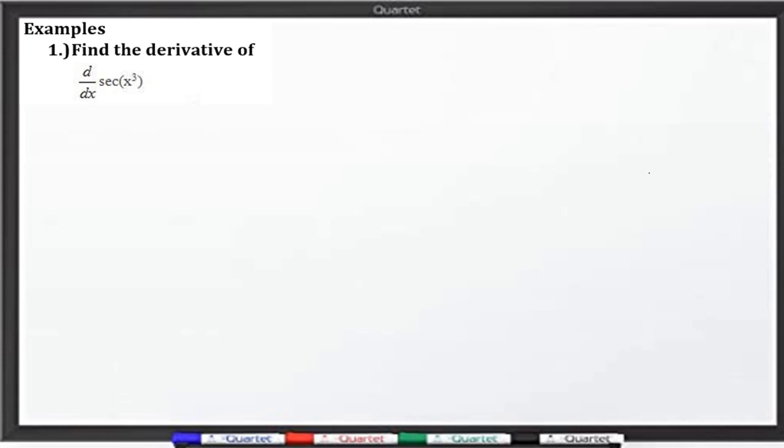Now, let us recall the formula for the derivative of secant x with respect to x. In generalized form, the derivative of secant u with respect to x is equal to secant u tangent u du dx. Sige nga, isulat po natin yan para sa una, may guide tayo.